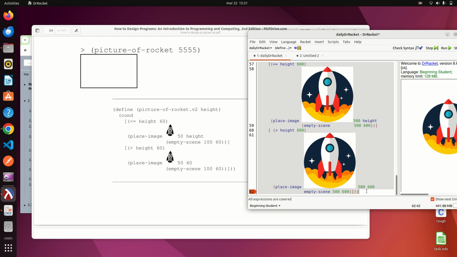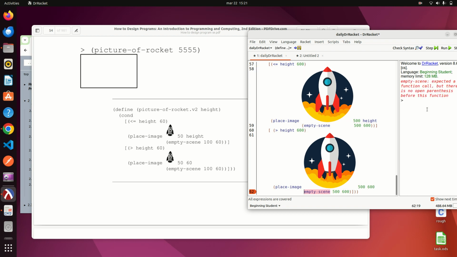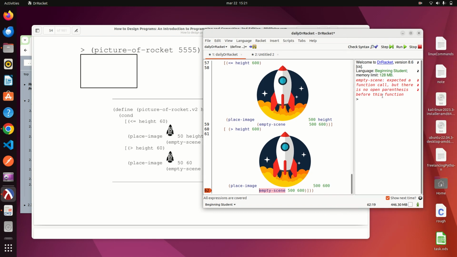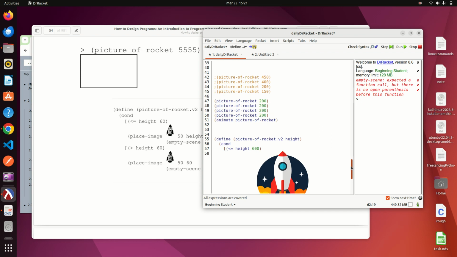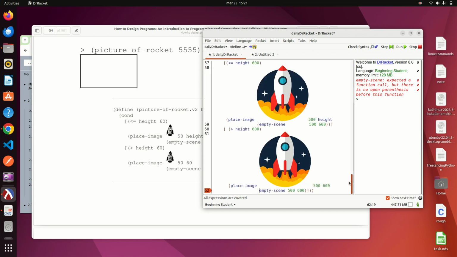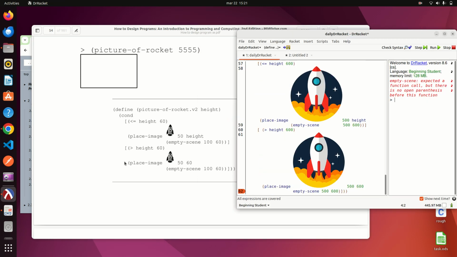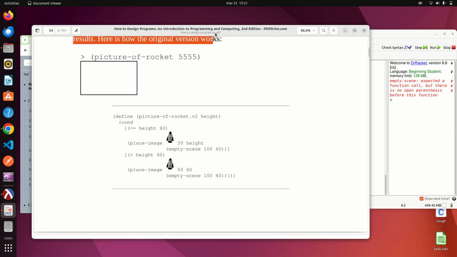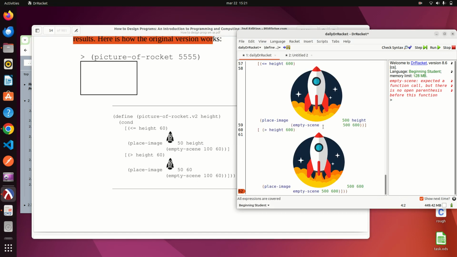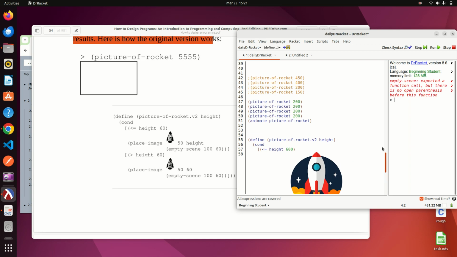Okay, let's see what happens. Empty scene, expected a function call, but there's no open parentheses before this function. Where is the error? Have I even defined these functions anywhere?